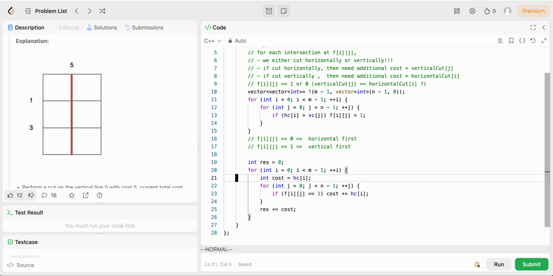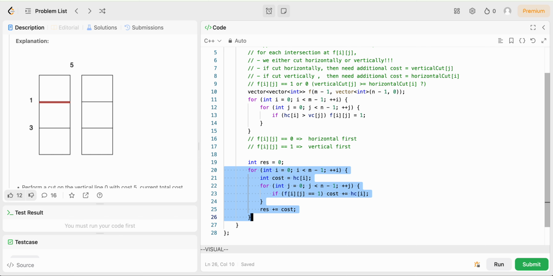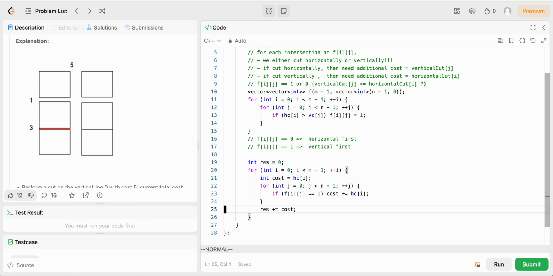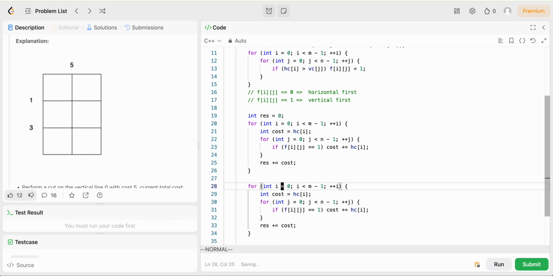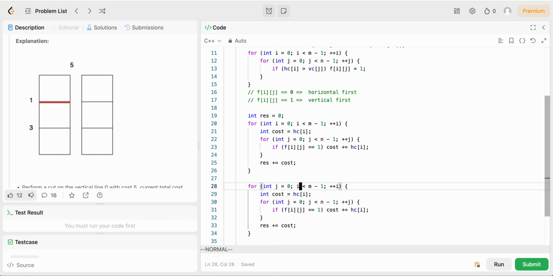This is for all the vertical lines. Then we do a similar thing for all the horizontal lines. Then we do the same thing for all the vertical lines. In order to do that, this is the same code, just J and I are changed.